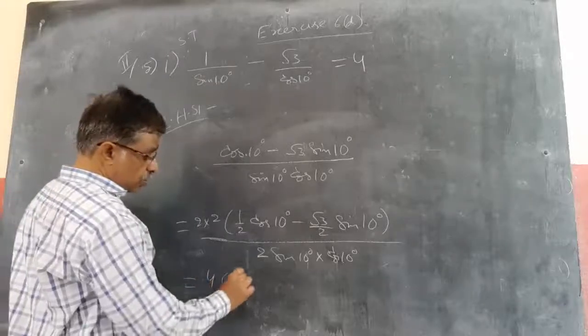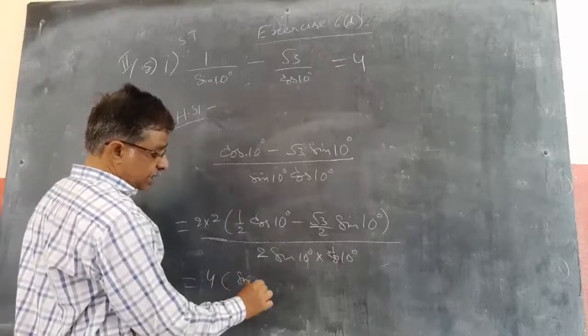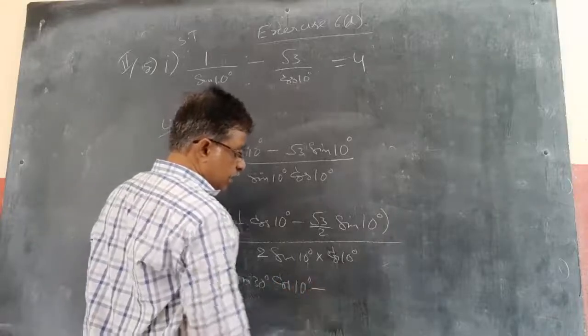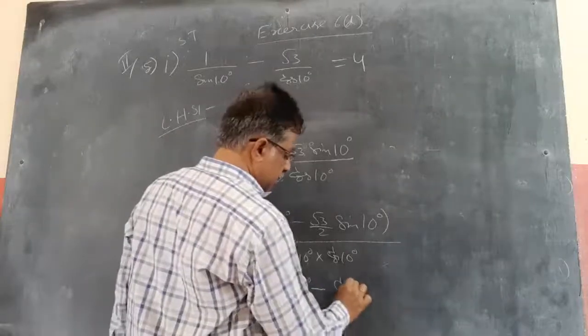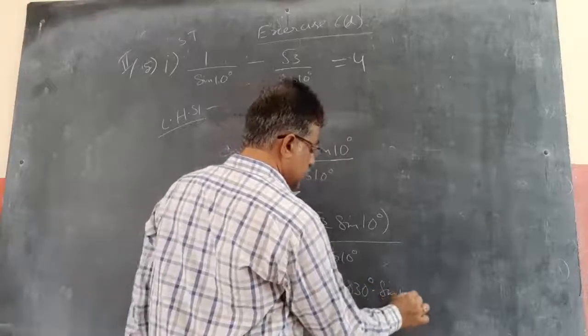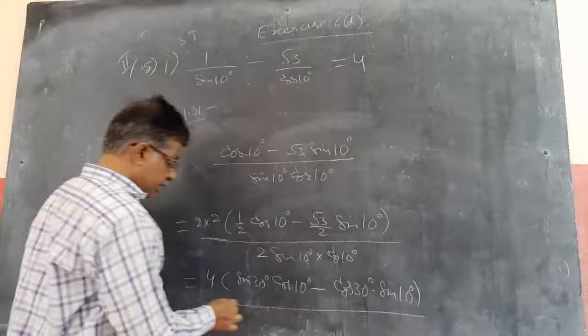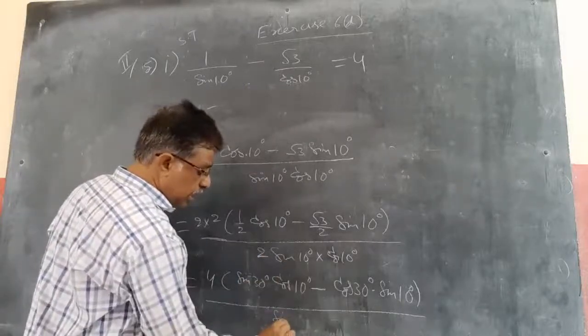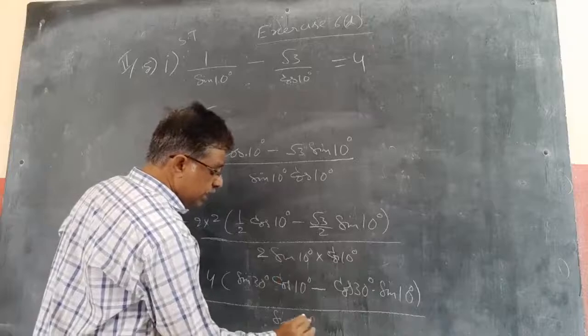So 4 into sin 30 into cos 10 minus cos 30 into sin 10, divided by 2 sin theta cos theta, which is sin 2 theta, sin 2 into 10, 20 degrees.